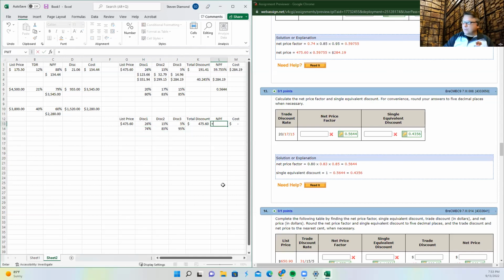Our net price factor is going to be each one of these times each other. And that should be back at my 59.755, which means our total discount as a percentage should be 1 minus this here, puts us back at 40.245.